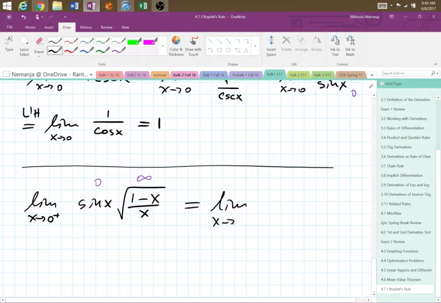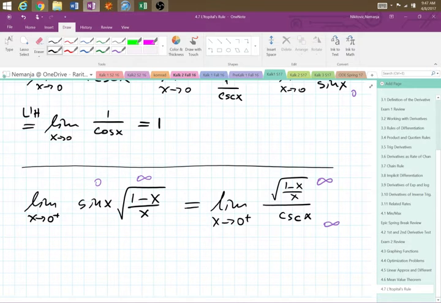Now this is an algebraic step, which means we don't worry about writing LH. Now cosecant goes to infinity and the square root goes to infinity. So now is the time to write LH. Don't forget to copy the limit.